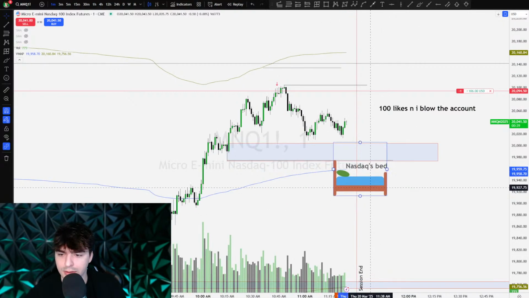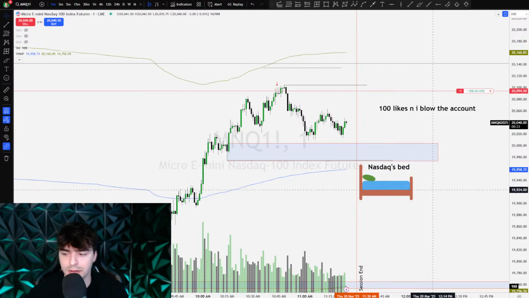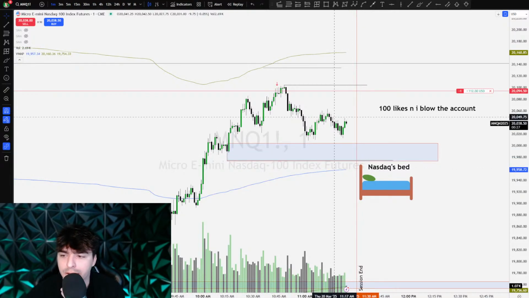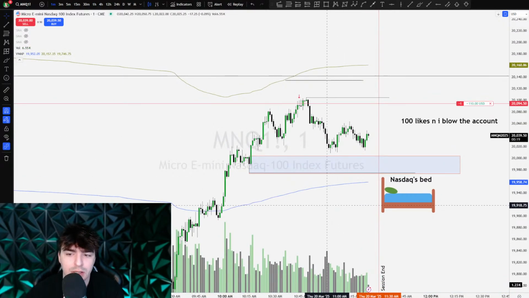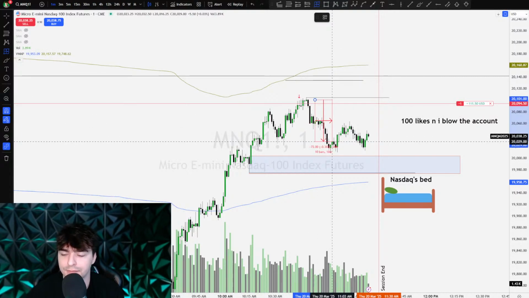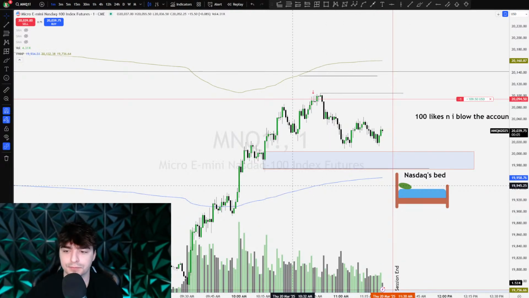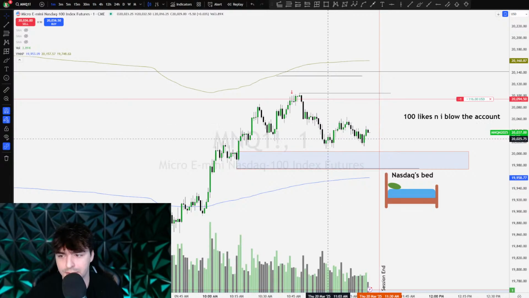Come on, NASDAQ. Stopped out at 225. Where's that? 225. Okay, I mean, I wouldn't say that's stopped out. That's a decent gain there. 76 points. I assume you were trailing or something. Trailing stops.